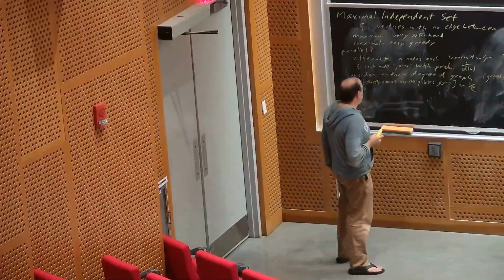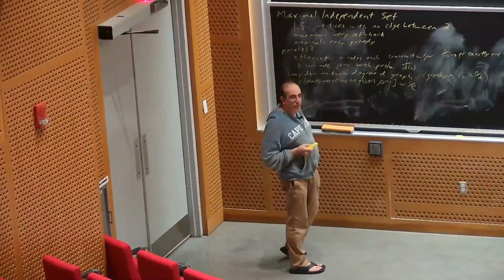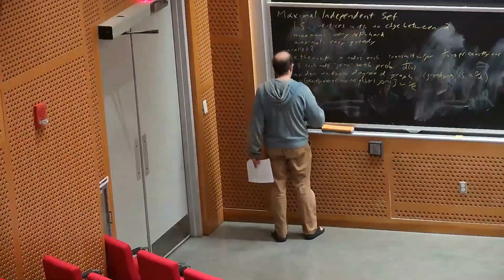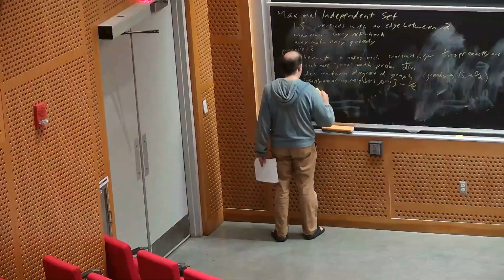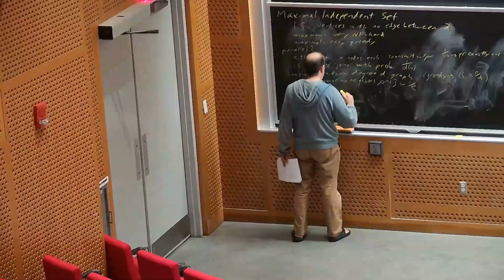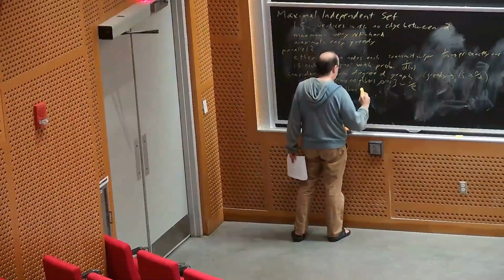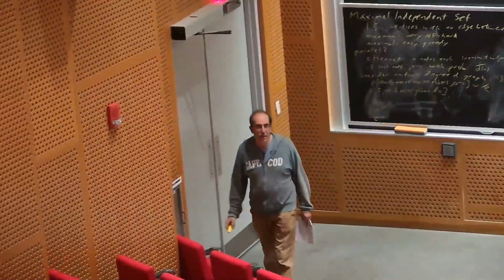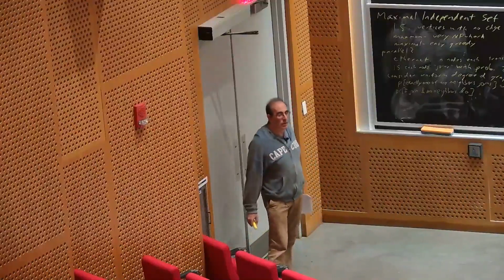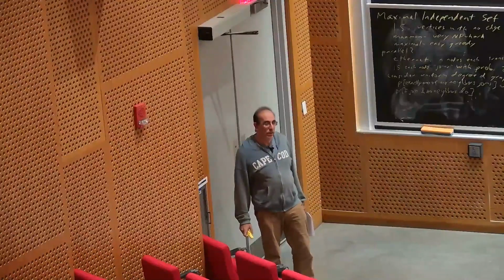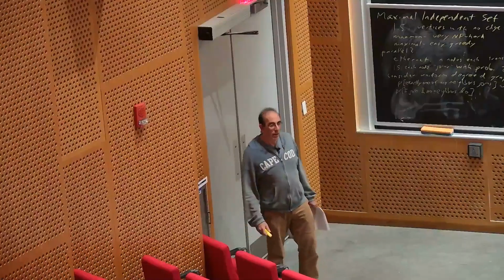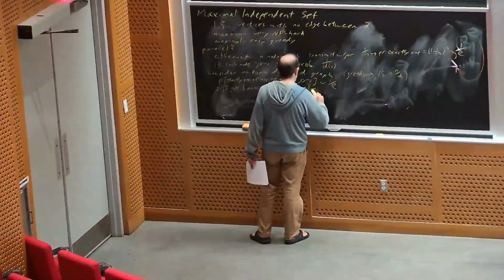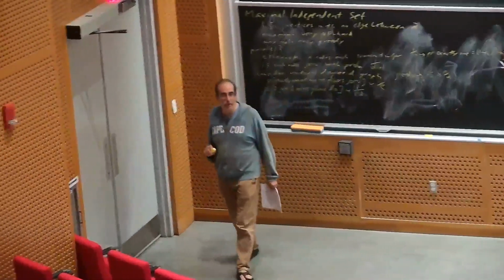Because it doesn't talk about what happens to me, right? But I could instead say, let's talk about the probability that I join and no neighbors do. What's that probability? Yeah, it's about 1 over e d, right?